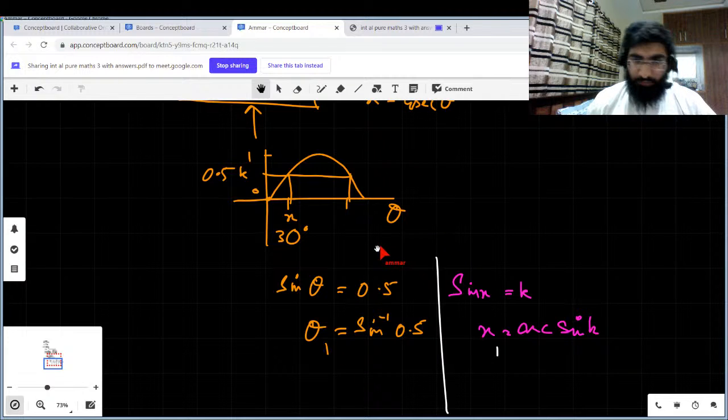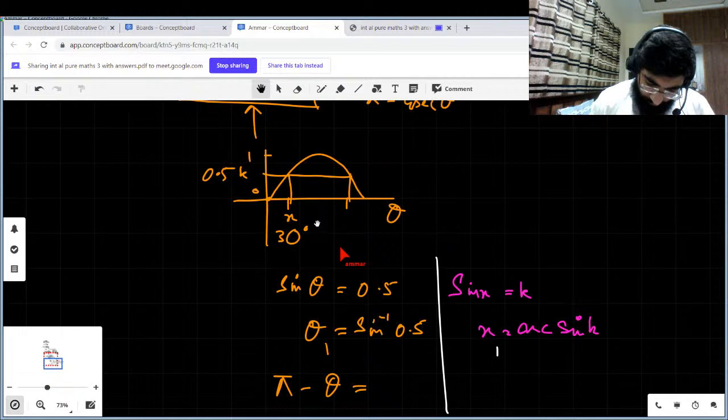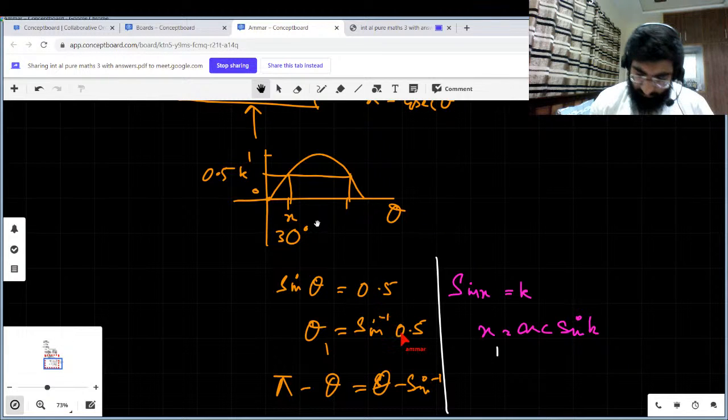The other value of theta would be pi minus x. Okay, so then I subtract both sides from pi. On the left hand side it will become pi minus theta, which is equal to pi minus sine inverse 0.5, right?